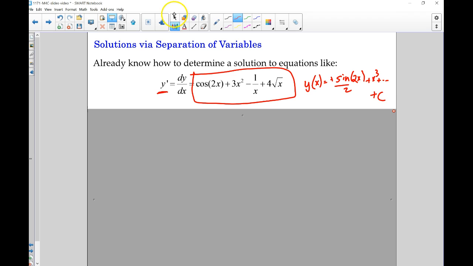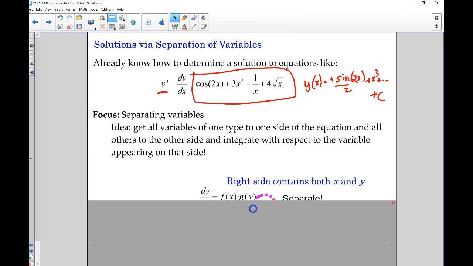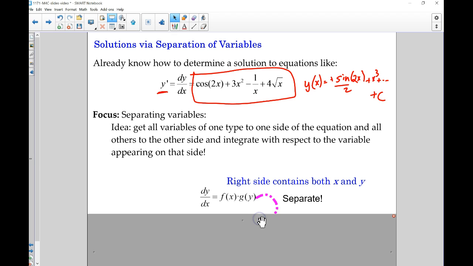The method of separation of variables, what we're going to see is something that looks like this, where the derivative is equal to something that contains two functions multiplied together, where one function contains x, the other function contains y, or any variation of that.